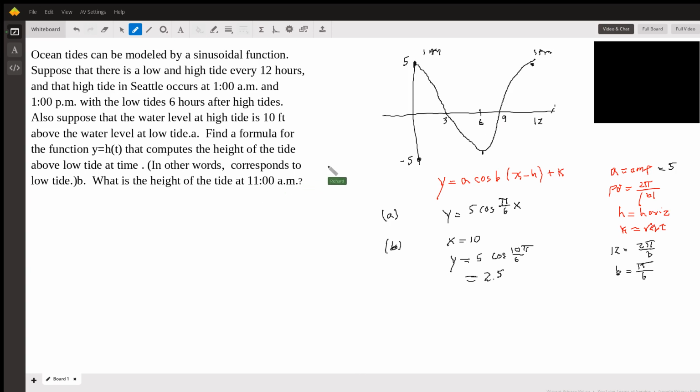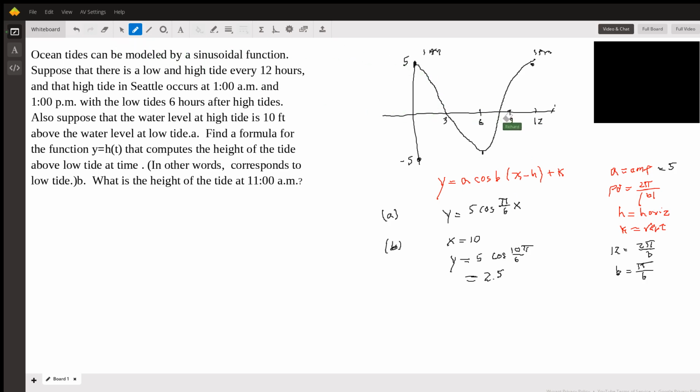This is not very well positioned. I can't really draw this to scale, but it's 10 hours beyond the start of the curve, which is 1 a.m.